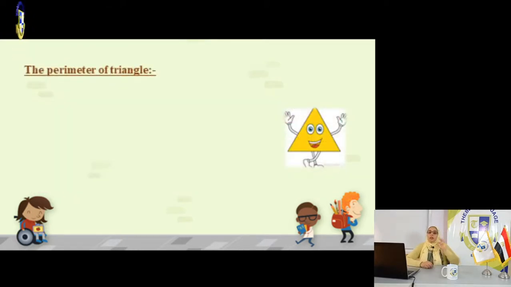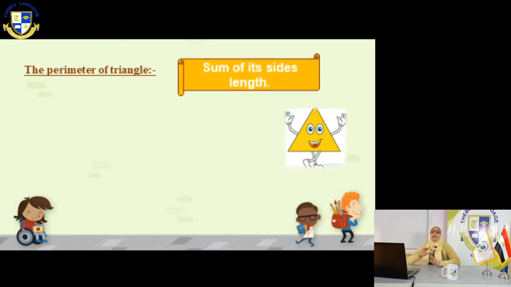Okay, third shape we have for this lesson is a triangle. What is the perimeter of a triangle? The perimeter of a triangle is the sum of its side lengths, because the triangle has 3 sides. But if we have an equilateral triangle, we will multiply side by 3.